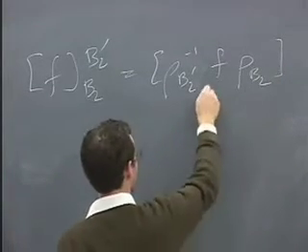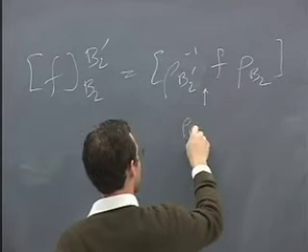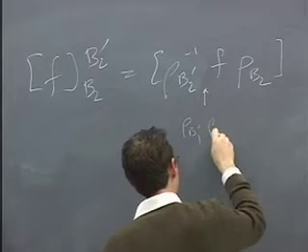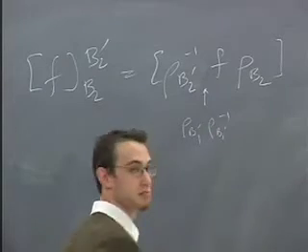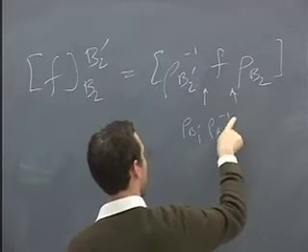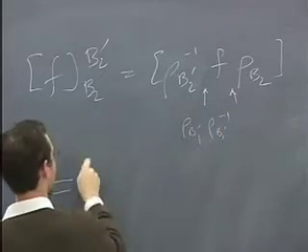But I can always insert here, say, rho B1 prime, rho B1 prime inverse. That's just the identity map, so I'm certainly allowed to insert it here. And I can do the same sort of thing over here. So let me write that out completely explicitly.